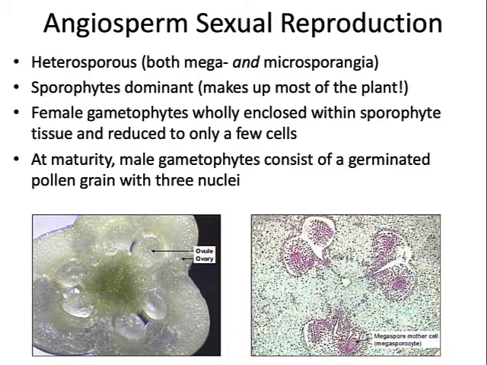The female gametophytes are wholly enclosed within the sporophyte tissue and reduced to only a few cells. Again, this is that evolutionary move towards containment and a reduced gametophyte. At maturity, the male gametophytes consist of a germinated pollen grain with 3 nuclei. And this is going to be important because it's going to play a role in that double fertilization that we talked about previously.